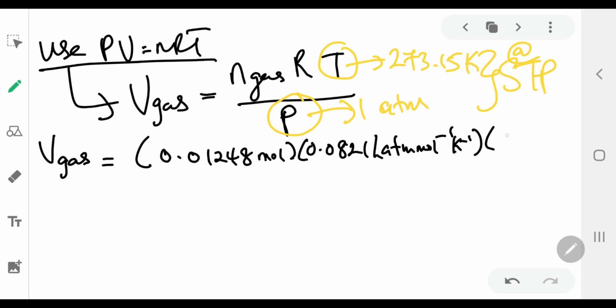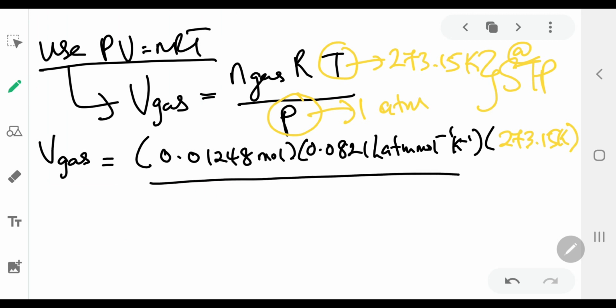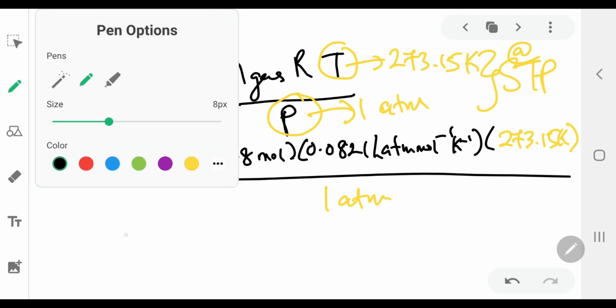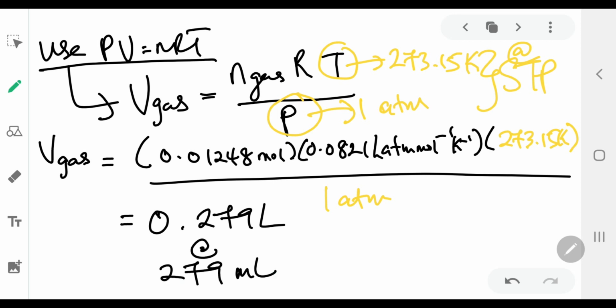So your temperature is 273.15 Kelvin and your pressure would be 1 ATM. You would be getting 0.279 liter or 279 milliliter.